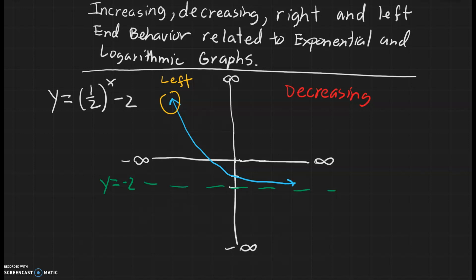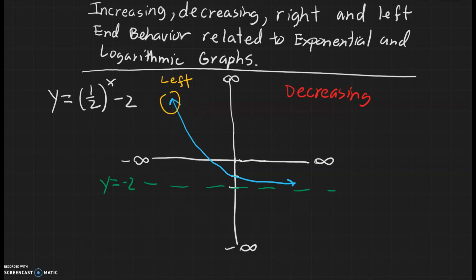So what we want to say, as the graph moves towards negative infinity, the arrow is going towards infinity. So we're going to state it like that.